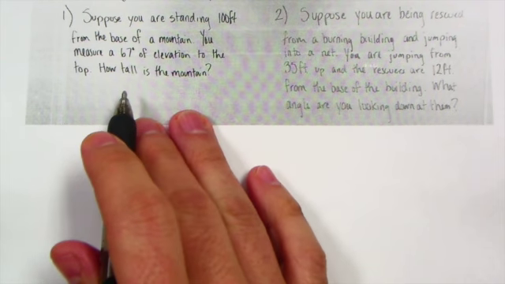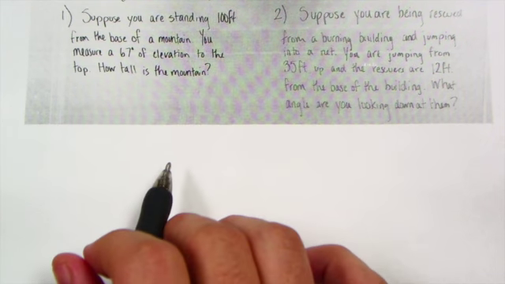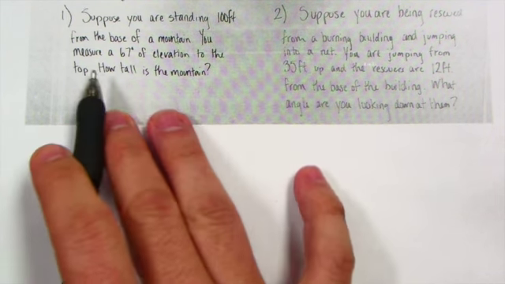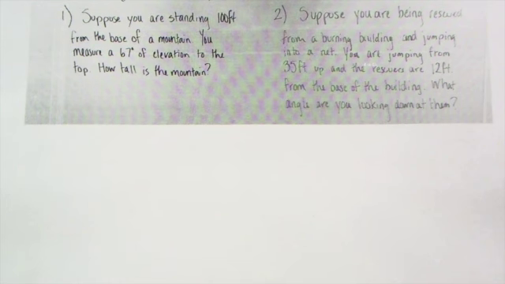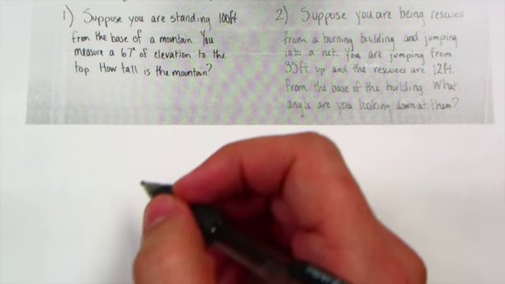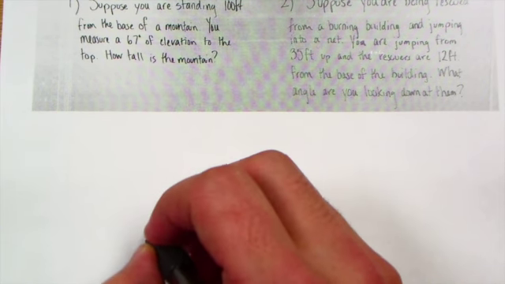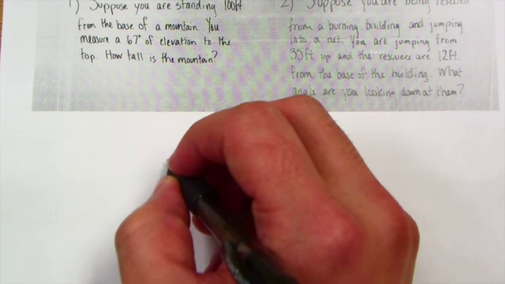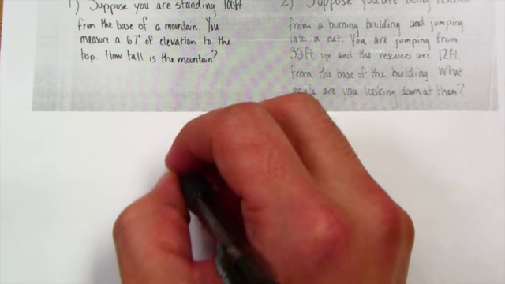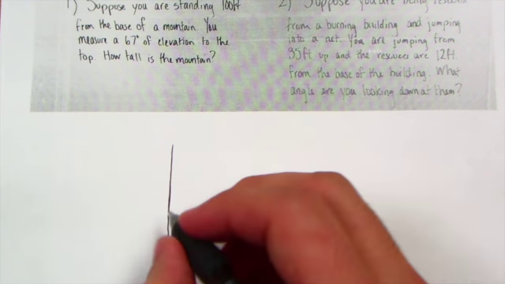So in the first question, it says, suppose you're standing 100 feet from the base of the mountain and you measure a 67 degree angle of elevation to the top. How tall is the mountain? So what we're going to do first is create a little drawing here. I'm not going to make this super pretty, but I'm going to make a vertical mountain because that's what we have to assume.